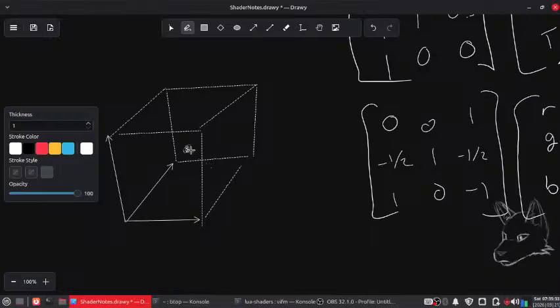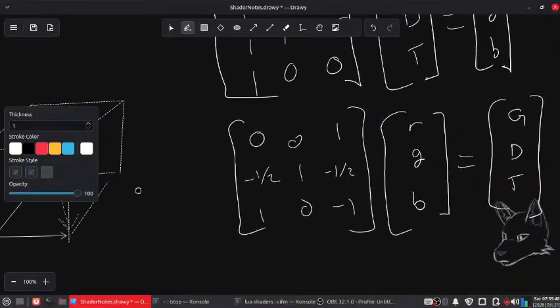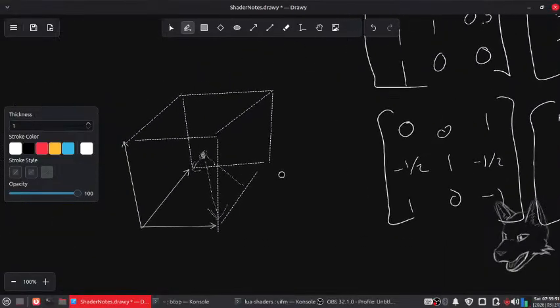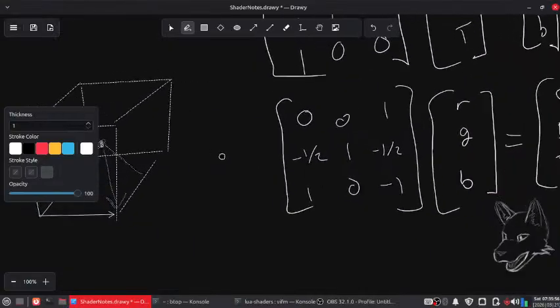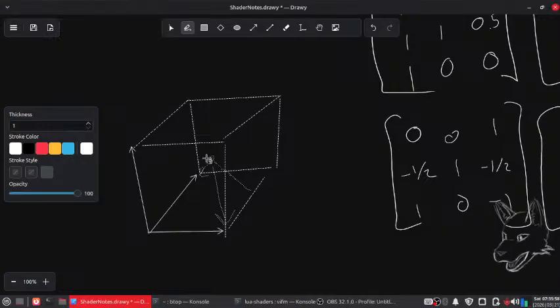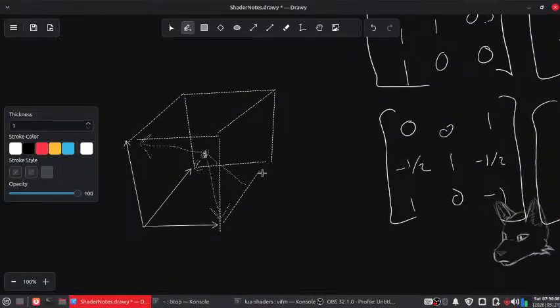Since this is that, yeah, minus 1 half. So that is red. RG is just the same as D. And blue is this weirdness, which is 1. Interesting.